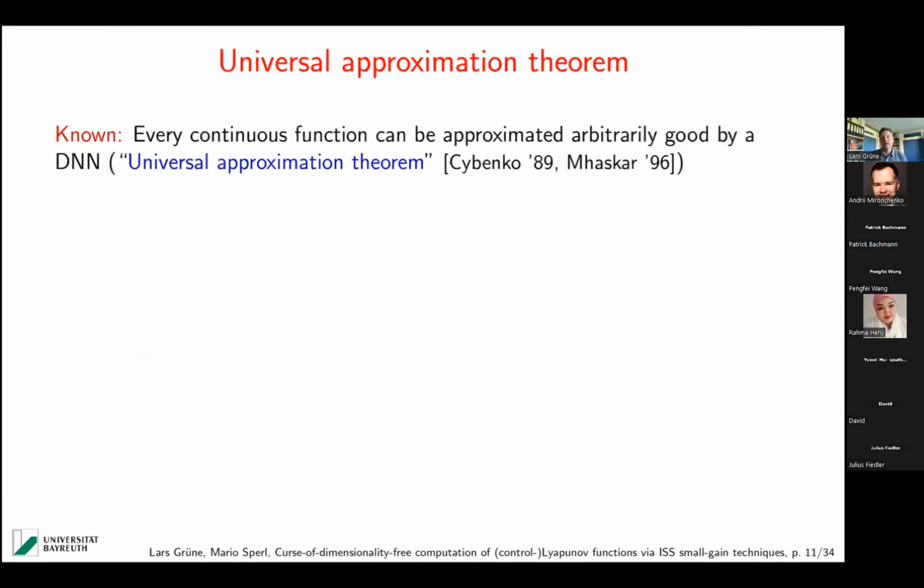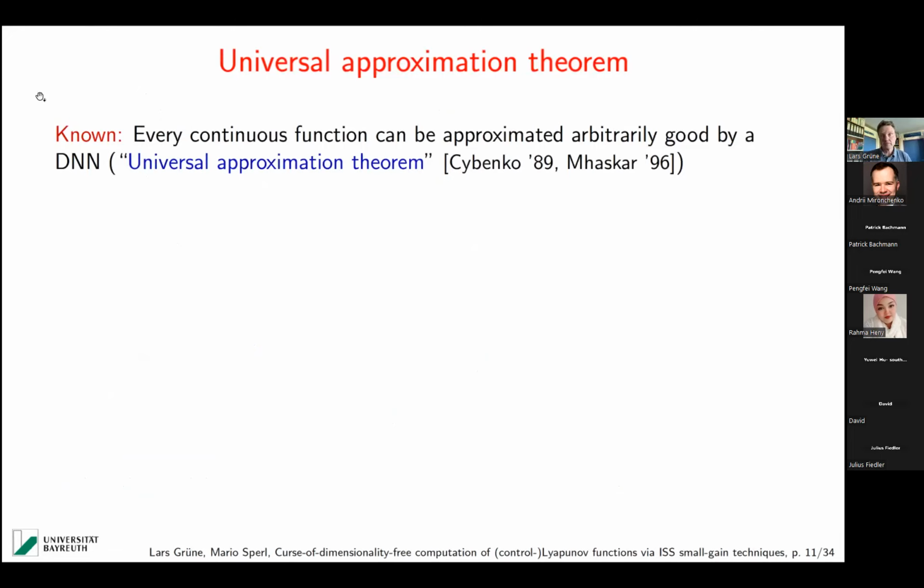Okay. What can these things do? What is known since the late 1980s is that actually every continuous function can be approximated arbitrarily well by a deep neural network. And this is called the universal approximation theorem.